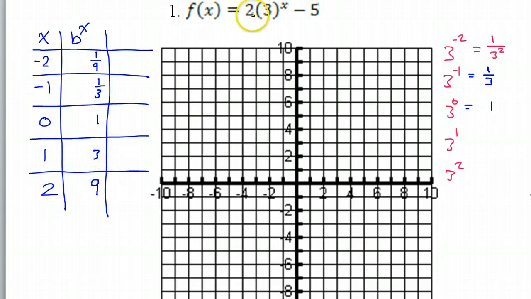Now because there is an a value though, before we start graphing things, we need to go ahead and multiply everything by this a value. So let's take our b to the x power and multiply all these by 2. I'm just multiplying everything by 2.